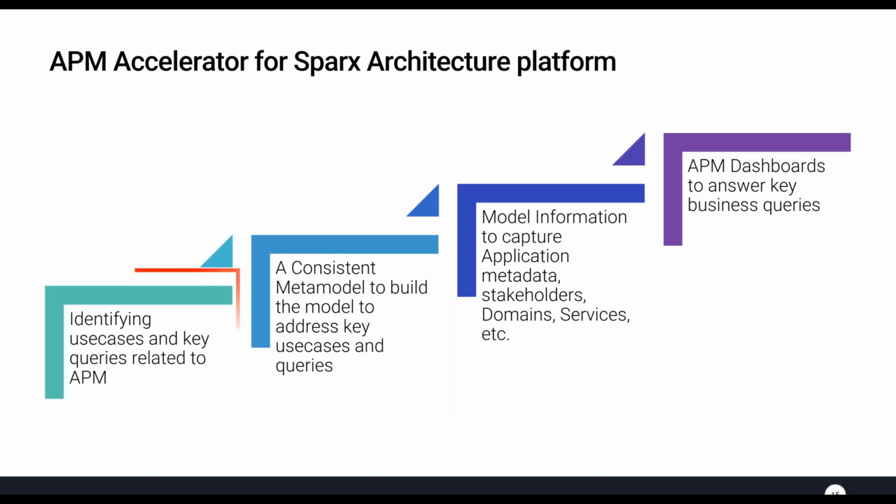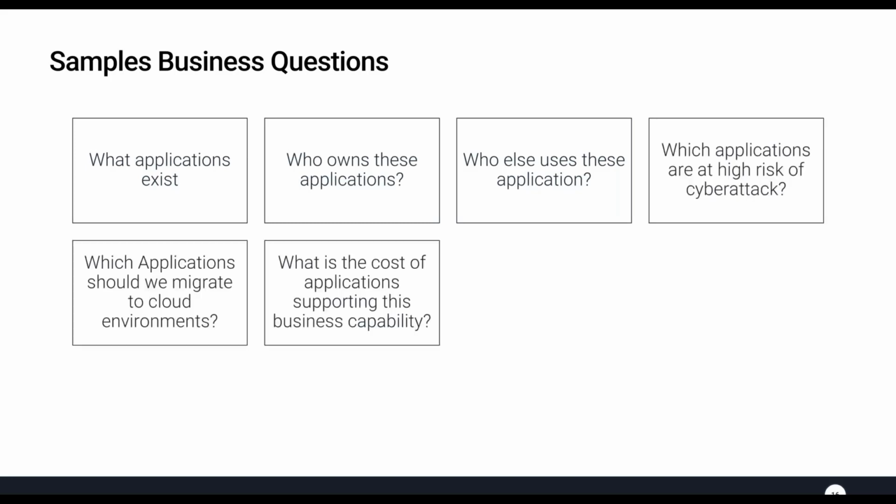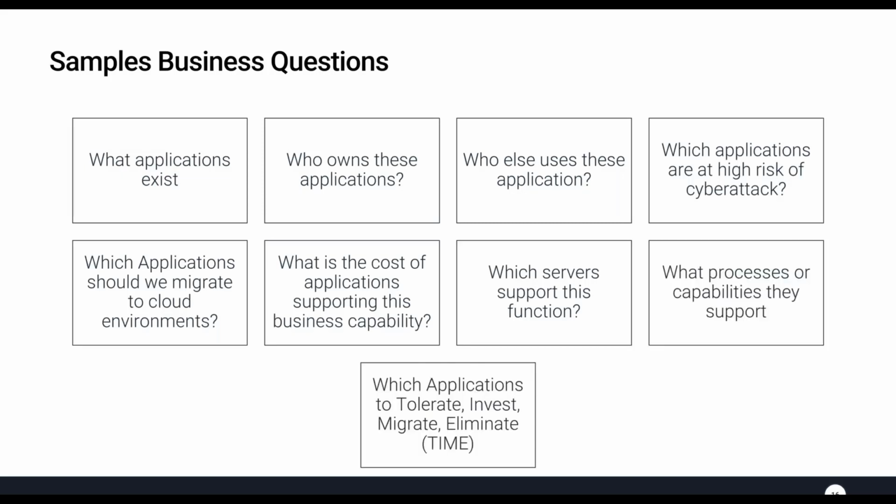So in terms of the first step, it's about identifying the use cases. And as I said, we didn't make up these use cases just by some guesswork. We did a fair bit of due diligence to identify the repeated and most frequently asked questions when it comes to APM. So these are some sample questions that we identified.